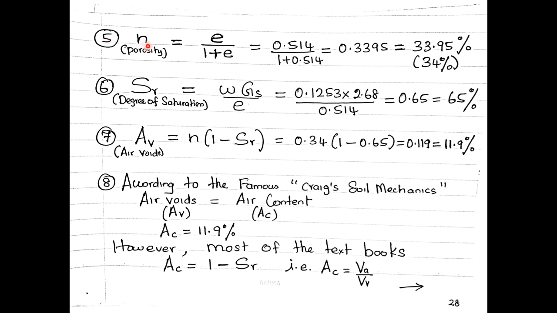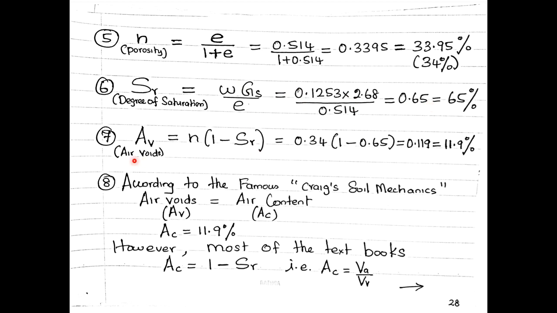Then porosity is equal to void ratio over 1 plus e. Okay, this is the answer. Sr is equal to w GS over e, which gives 0.65, then 65%.